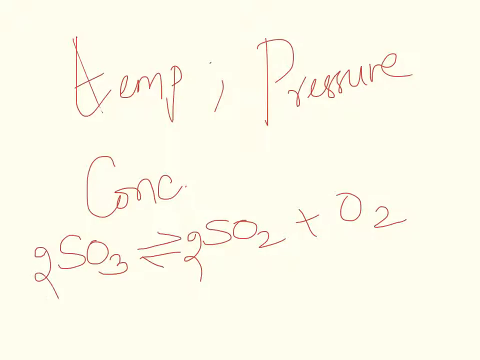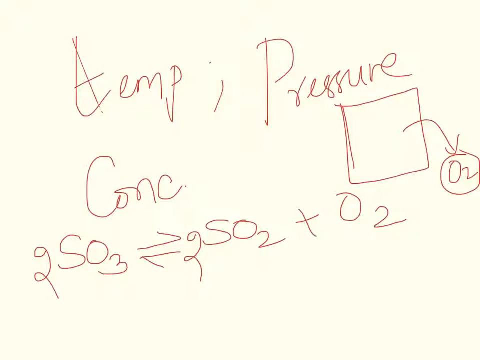So what you can do is take this reaction vessel, start the reaction, wait for the equilibrium to begin, and once this equilibrium is established, you can disturb this by removing oxygen. That's one kind of concentration disturbance. So what have you done? You disturb the system by removing oxygen.